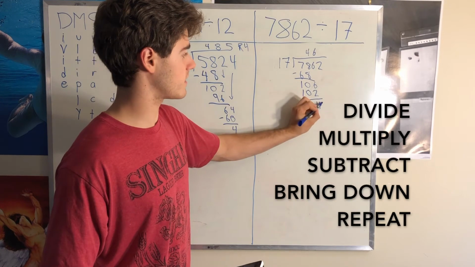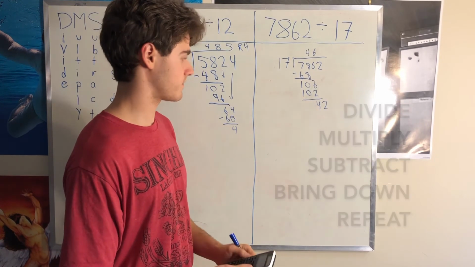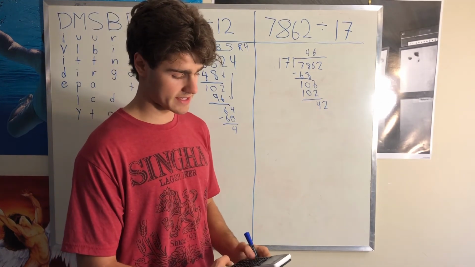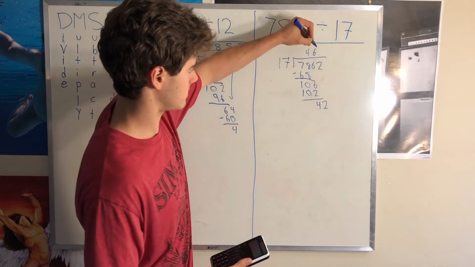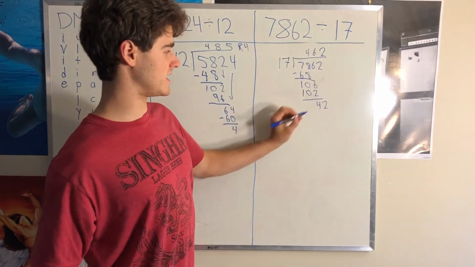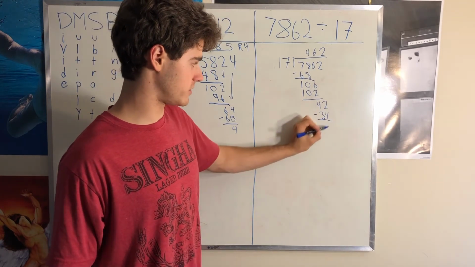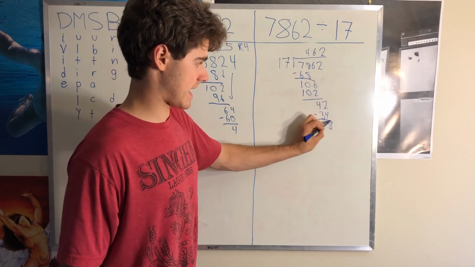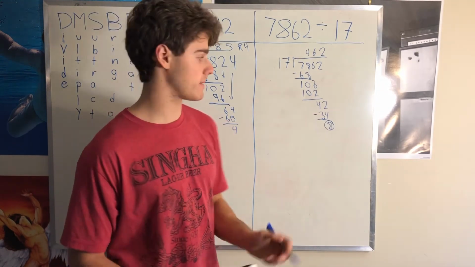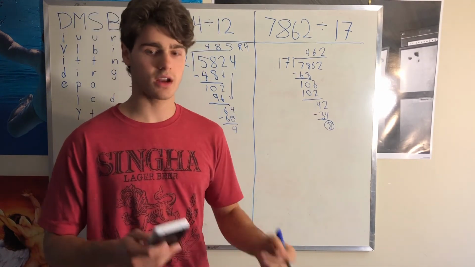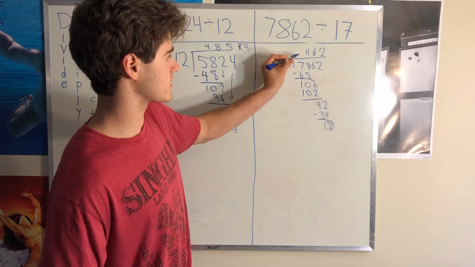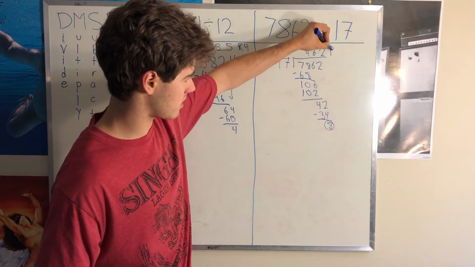And now we bring down this final 2, our final digit. 42 divided by 17 is 2 point something. 17 times 2 is 34. If we subtract 34 from 42, we get 8. And 8 is our remainder because 8 is less than 17. We cannot continue this procedure. Our result is 462 with a remainder of 8.